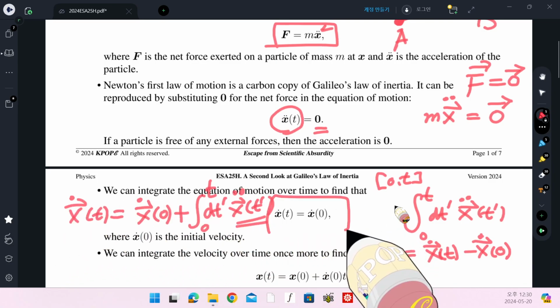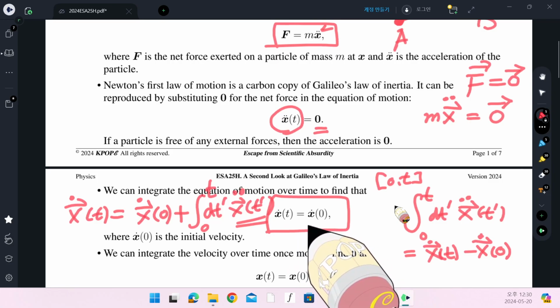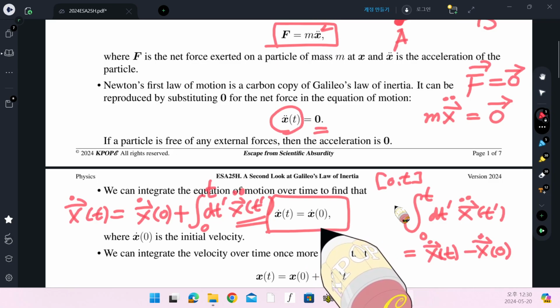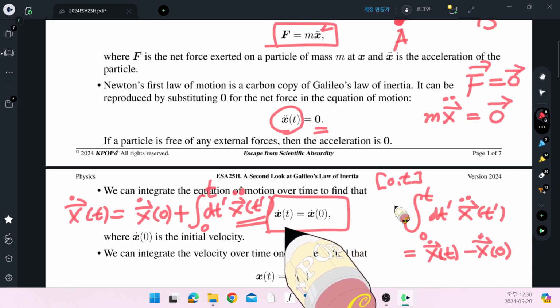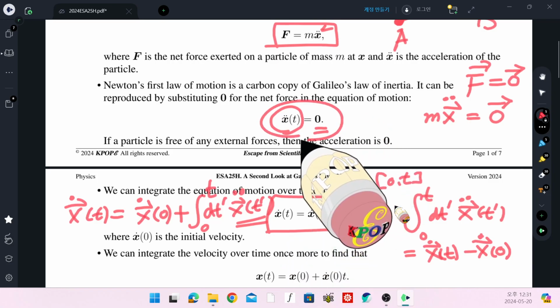Therefore, the velocity of the particle at time t is identical to the velocity at t equals 0. This is true for any t. Therefore, the velocity of the particle is a constant vector. A free particle is free of acceleration, which is identical to the fact that velocity is uniform. It doesn't change at all depending on time.